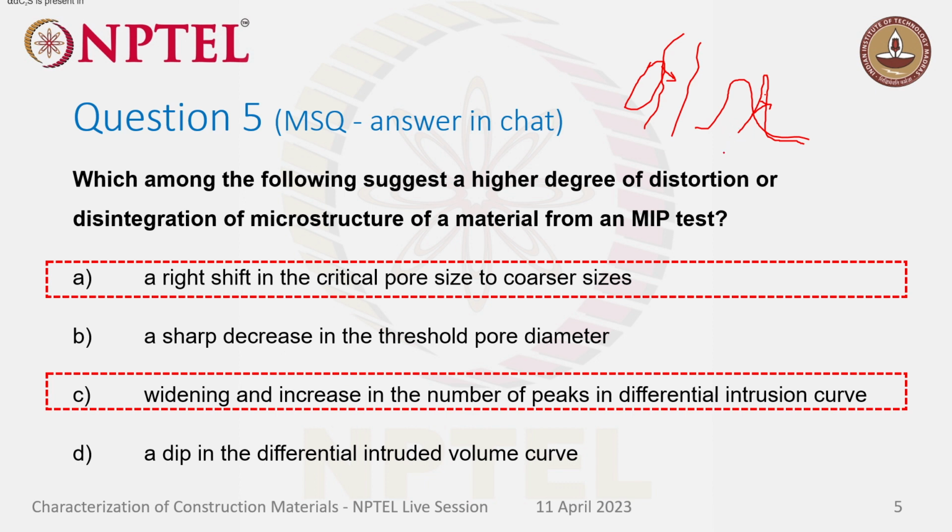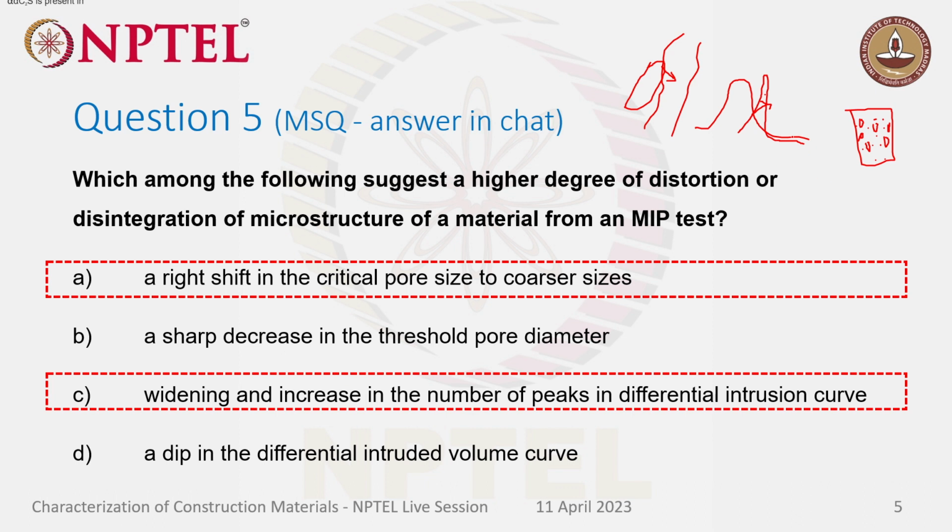Okay, I'm talking in a wrong sense. Okay, assume a concrete sample is here. There are some pores here already, right? And all of a sudden, Portlandite wherever it is there, it gets eroded off. Okay, so obviously there is an increase in the pore size wherever Portlandite is there.